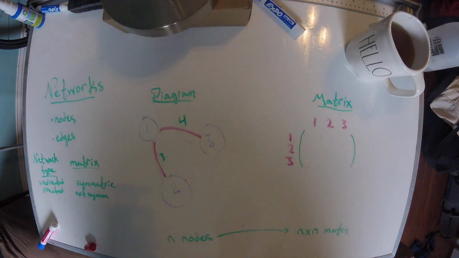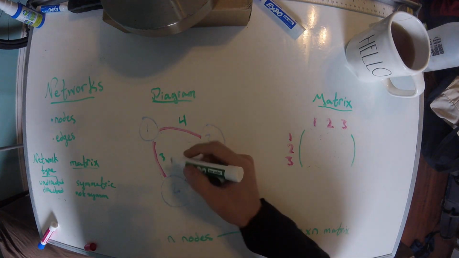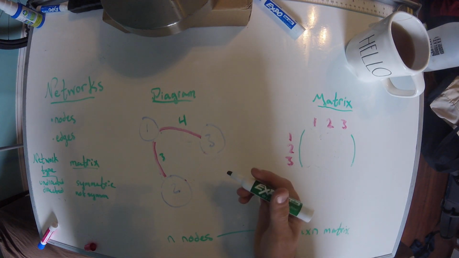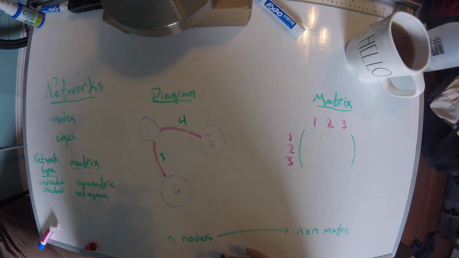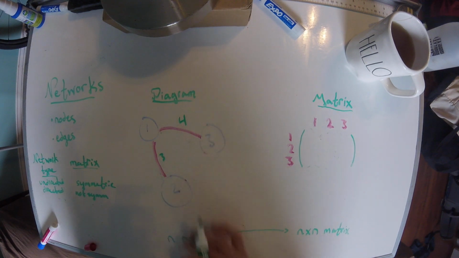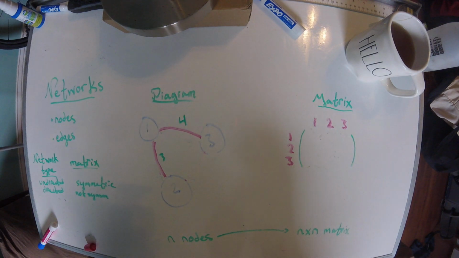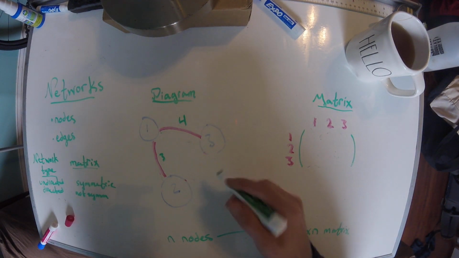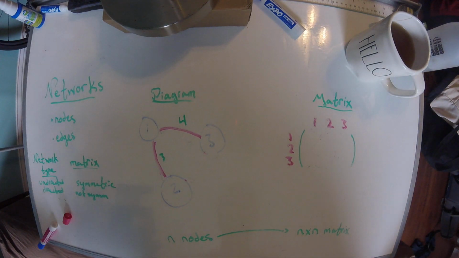Weighted networks are usually representations of some sort of system where the connection between two things has some sort of cost, so these things usually represent a cost or a distance. Usually the higher the number, the weaker the connection is, because they're further away, or it costs more to get from one to the other, that kind of thing.